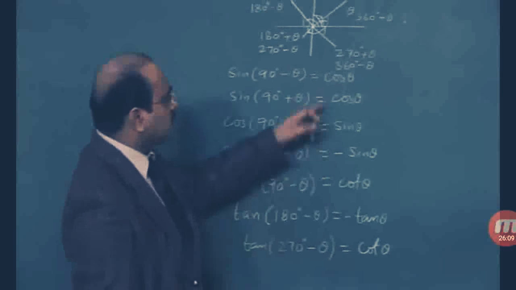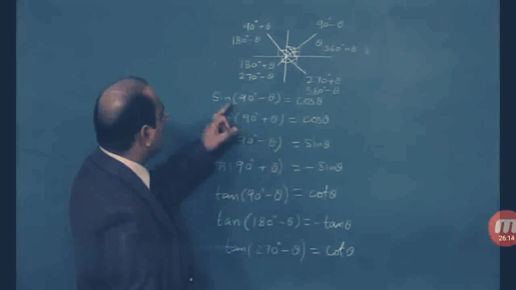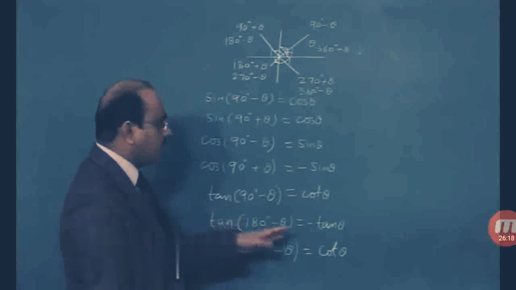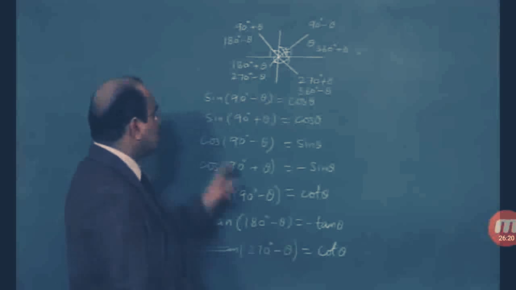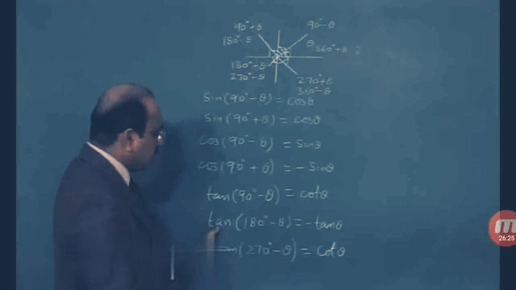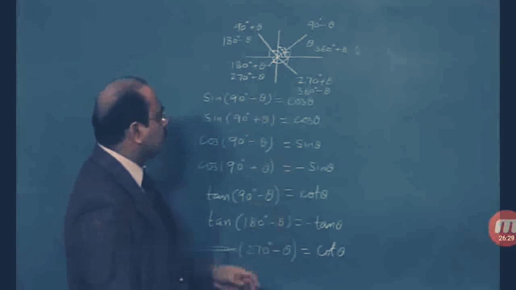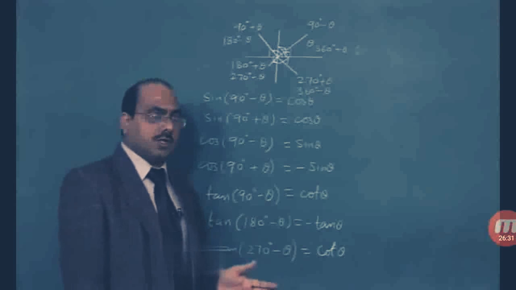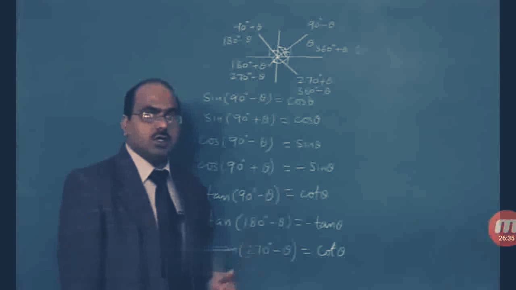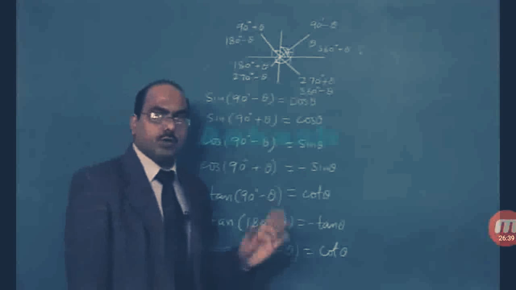Either the answer is positive or negative. And there may be another change. Either the sine is converted into cos, cos into sine, tan into cot, etc. Or sine remains same or tan remains same, just like this, tan here, and the answer is also in tan. Sometimes we have to change sine into cos, cos into sine, etc. And sometimes we have to put a minus in the result. So how these values are written, we are going to learn these rules.